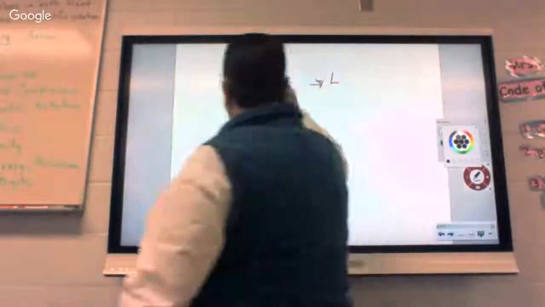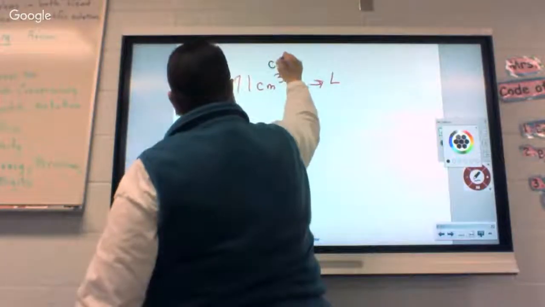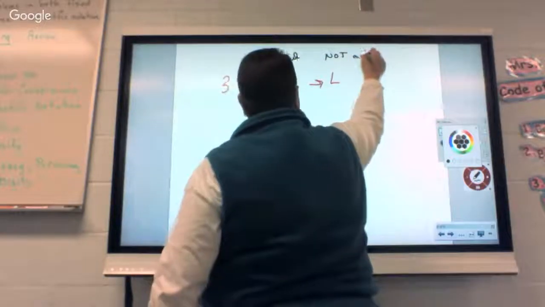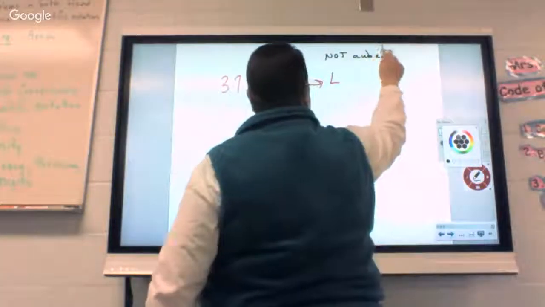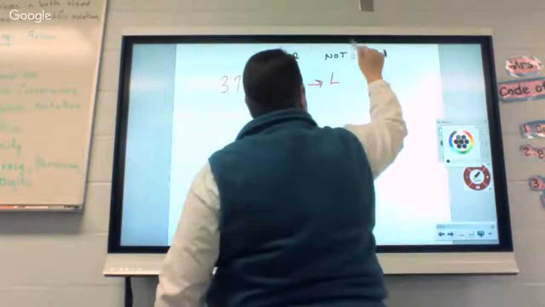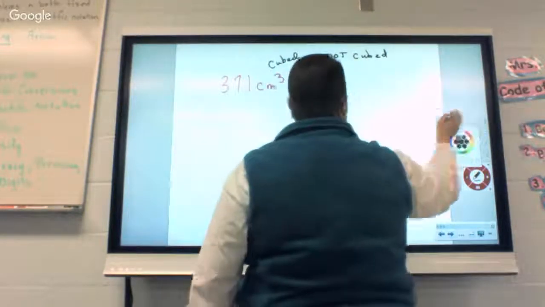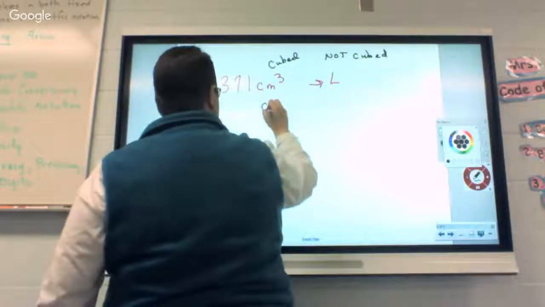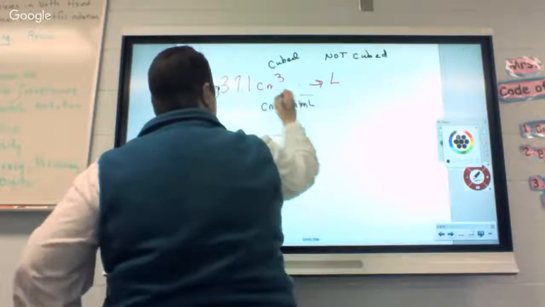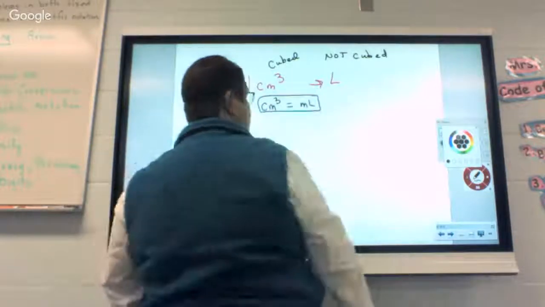So you're going from something that is cubed to not cubed. So this is the one that you want to recognize. Centimeters cubed equals milliliters. You want to use this relationship to solve.